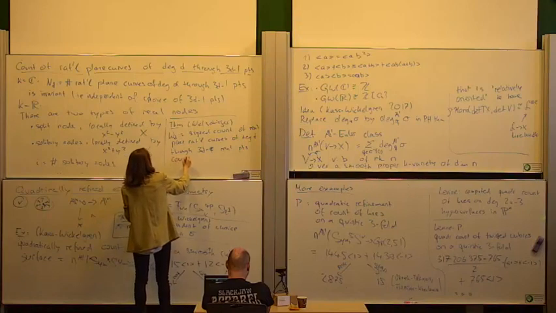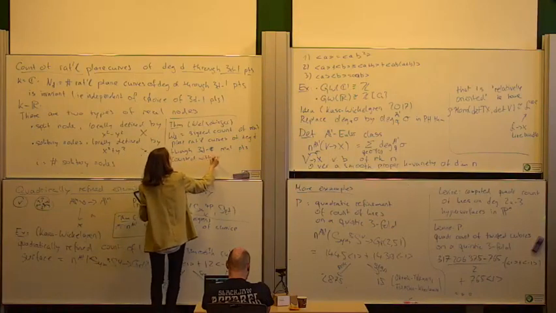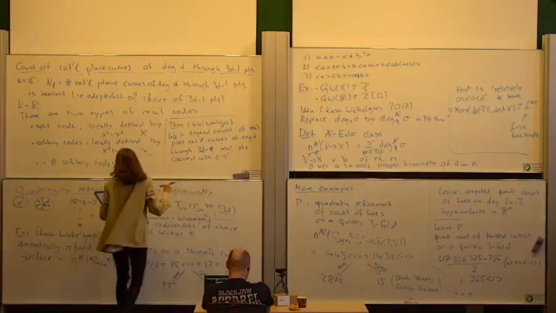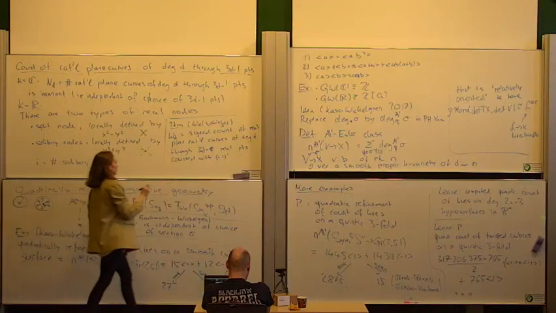We count this with a minus 1 to the I, where I is this number of solitary nodes, is invariant.